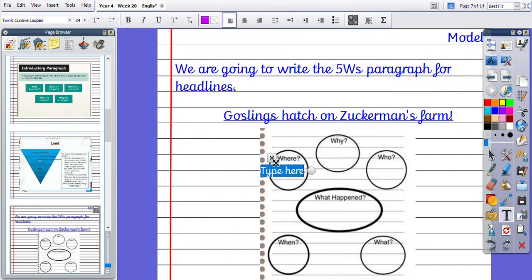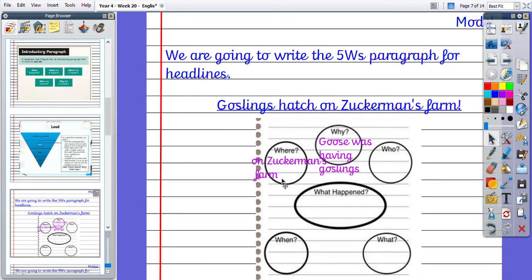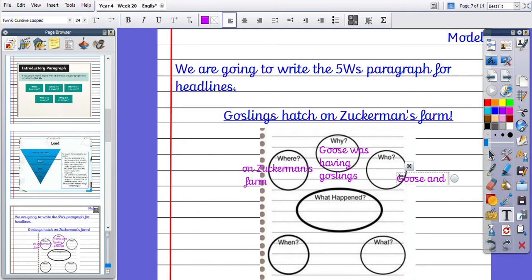Okay, so we know it happened on the Zuckerman's farm. We know it happened because the goose was having goslings, having babies. Okay. We know it was the goose and the gander.